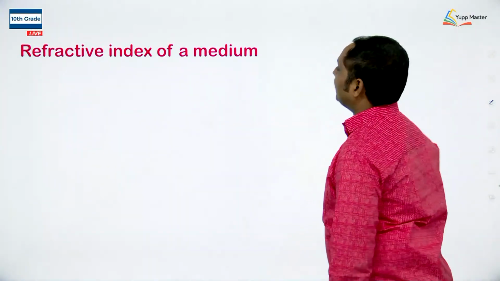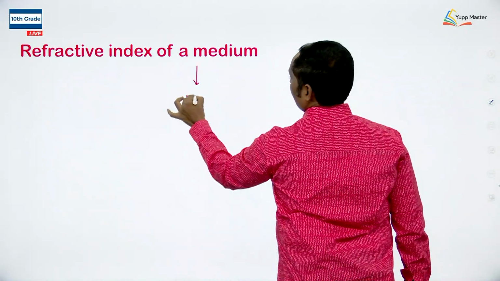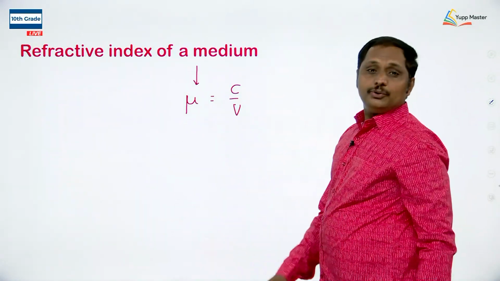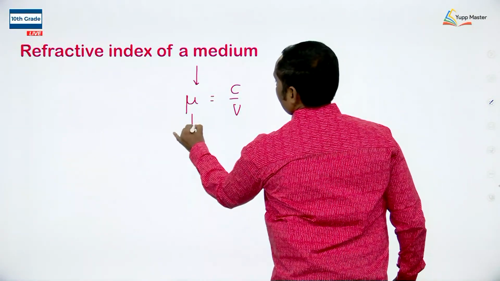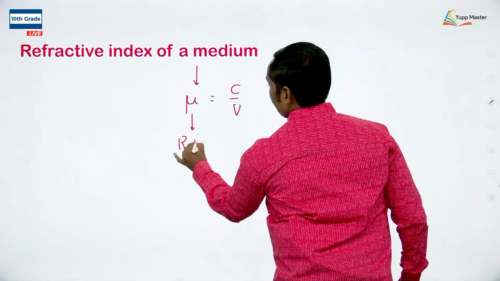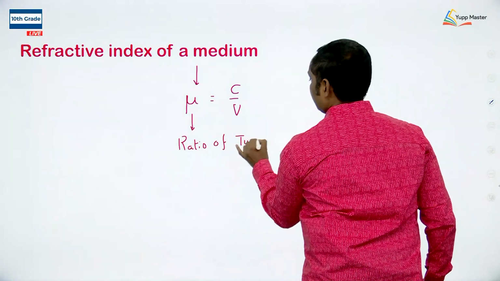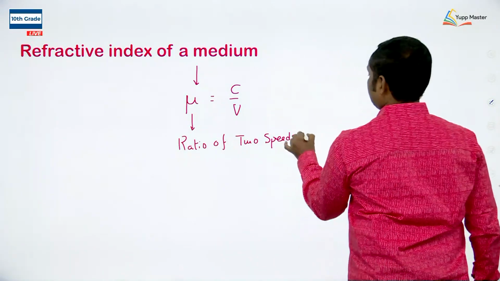Let us move on to another problem: the refractive index of a medium. The refractive index of a medium is mu = c/v. It is the ratio of two speeds in different media.